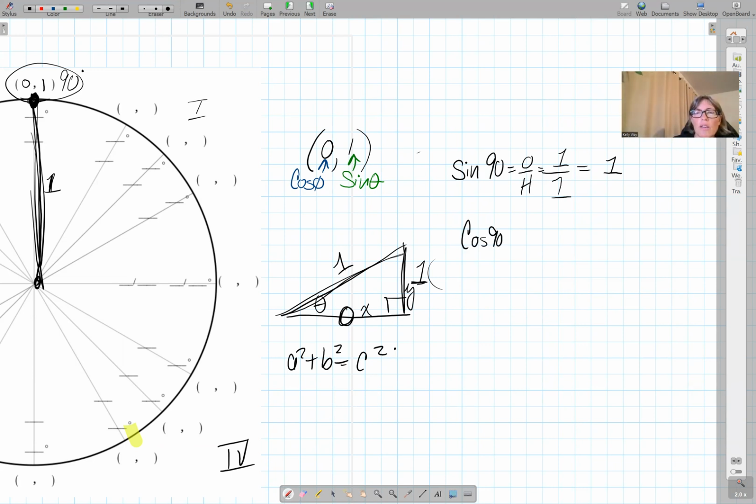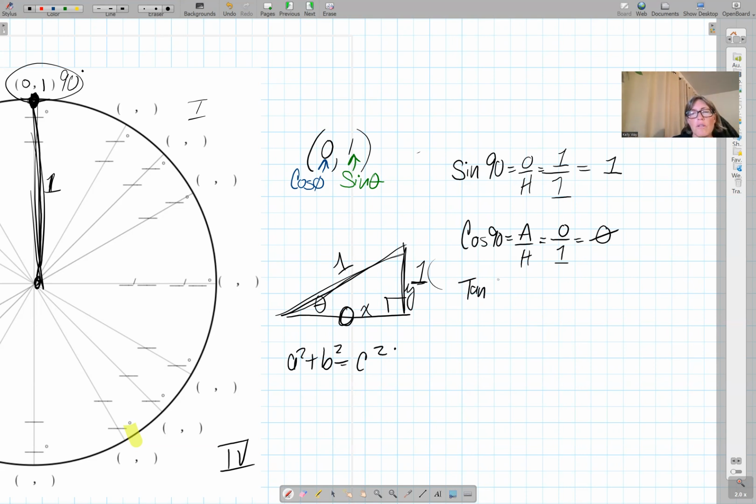Cosine of 90 is adjacent over hypotenuse. Our adjacent here is 0. Our hypotenuse is 1, and 0 over anything is 0. So the cosine of 90 is going to be 0.